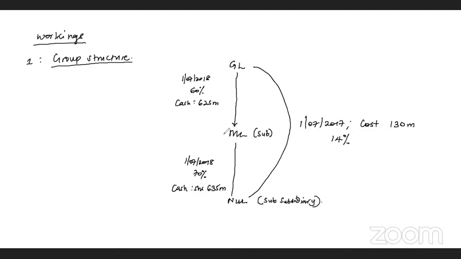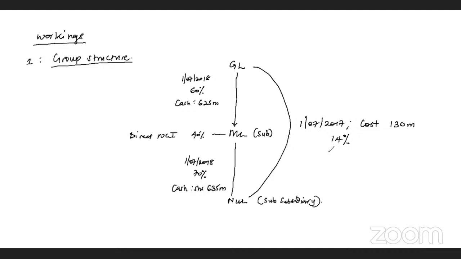One thing you need to know is that in ML, we have a 40% NCI, direct NCI. Direct NCI, because the parent company is acquiring 60% in ML, so there is a direct NCI of 40%.